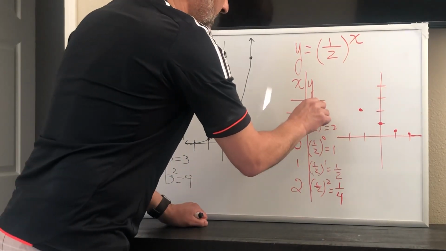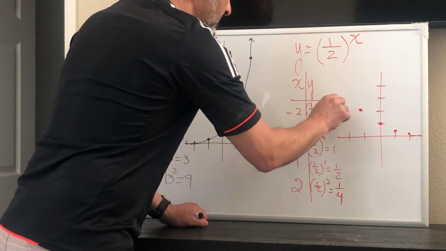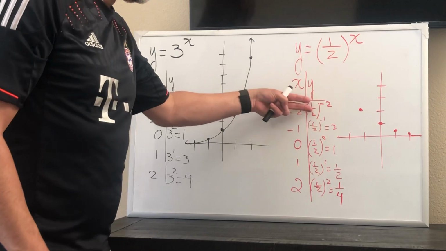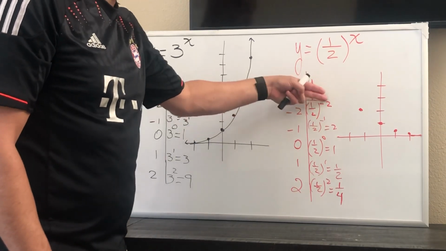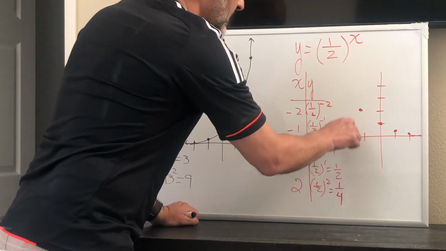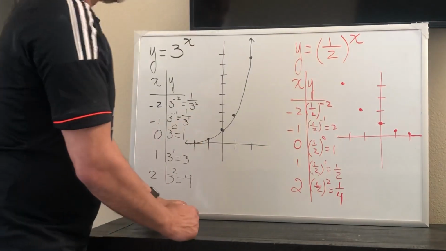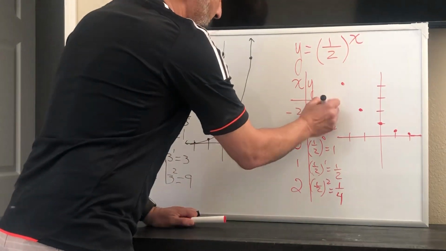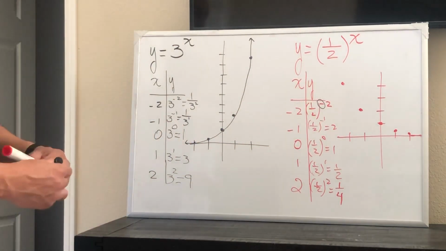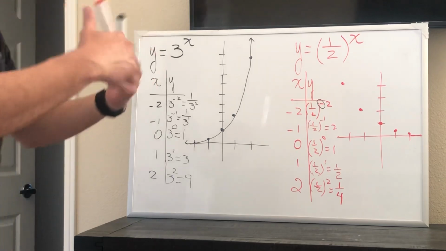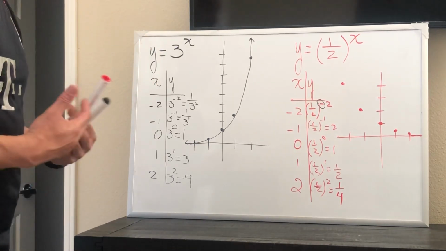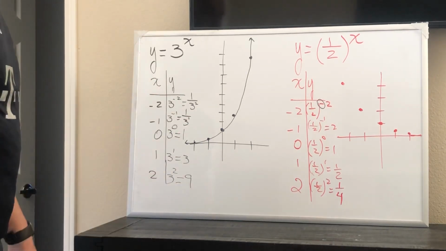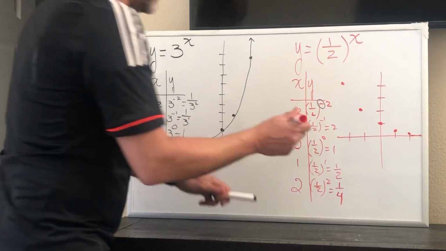At -2, we have 1/2 to the power of -2. Again, what does that mean? Well, the negative sign flips this over, makes a 2, then we have 2 squared, which is 4. So at -2, we get 4. Right, so again, let's make sure we remember the job of a negative exponent is to flip your base over, give you the reciprocal of the base you're dealing with, and then raise it to whatever power you need to raise it to.